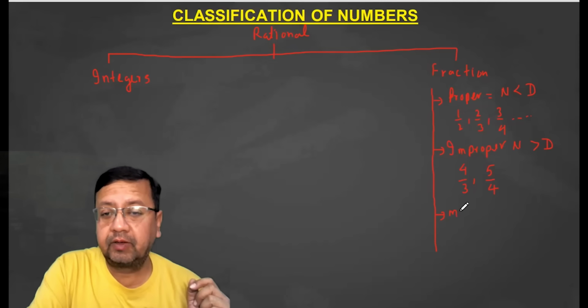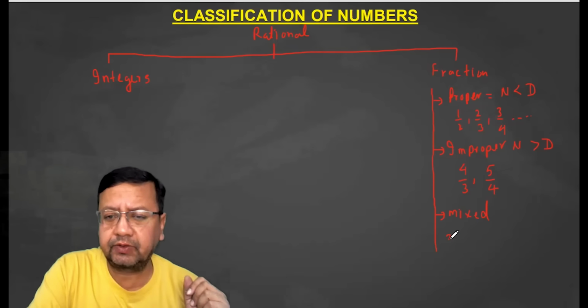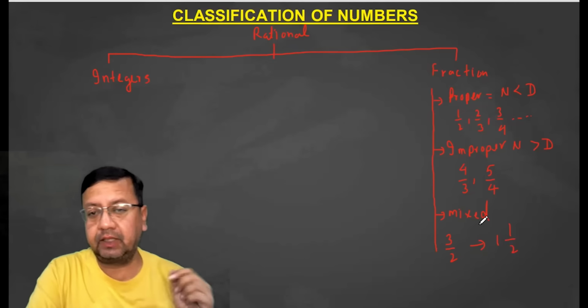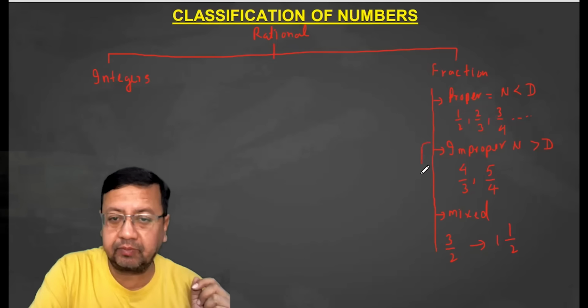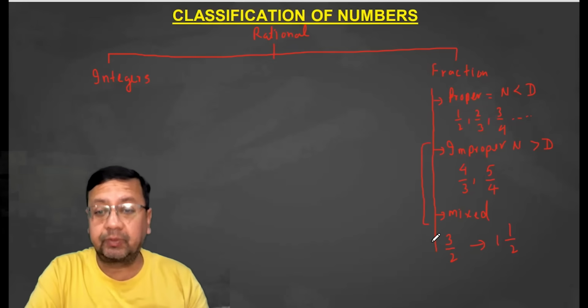And then one more type which we have here is what? That is mixed fraction, right? So suppose you have one improper fraction which is say 3 by 2, right? And this can also be written as 1 1 by 2, right? So basically, improper fraction and mixed fraction are the same thing, just a difference in their representation.